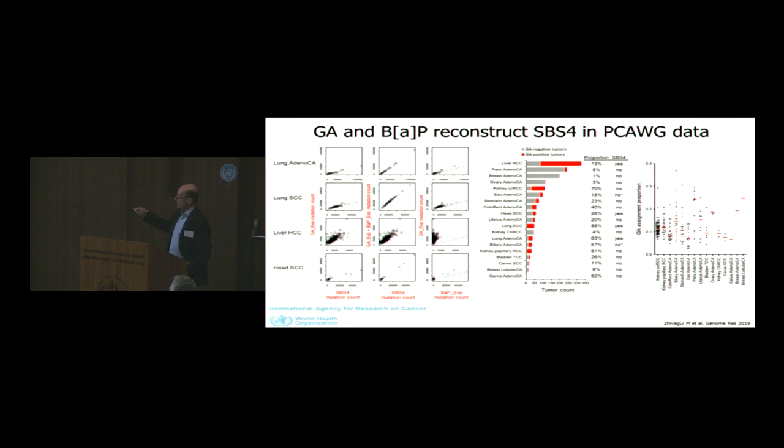This said, that presence is relatively low, so these are the assignment proportions within the total mutation loads per sample, and they're basically around 10% mostly, 10 to 15% perhaps. So it's not a very pronounced signature in the human data.